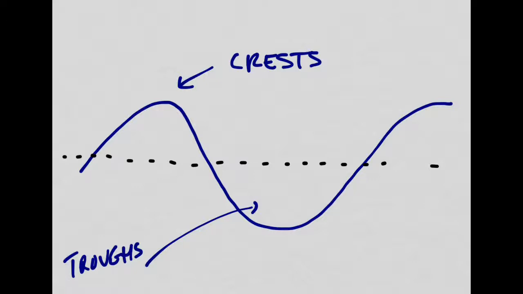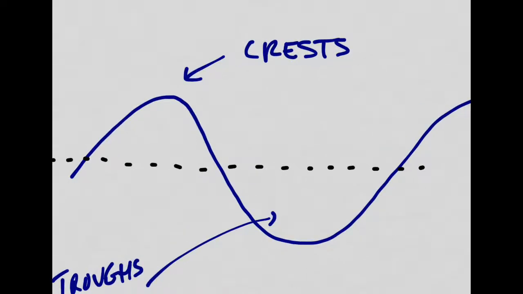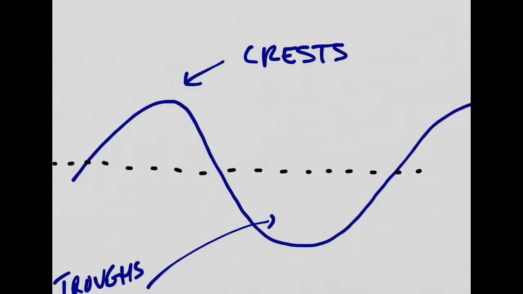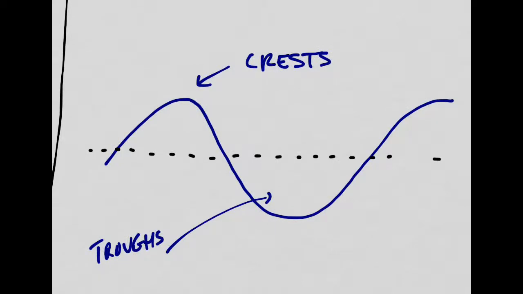Now the distance from the top of one crest to the center line down the middle, right here, this portion is called the amplitude.